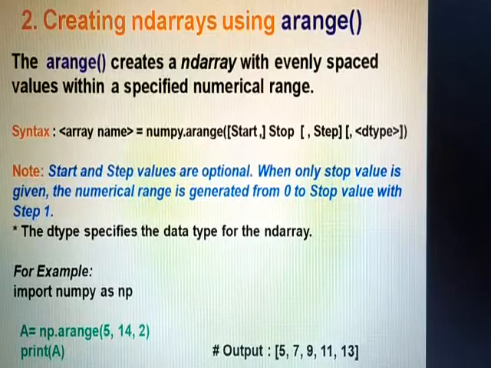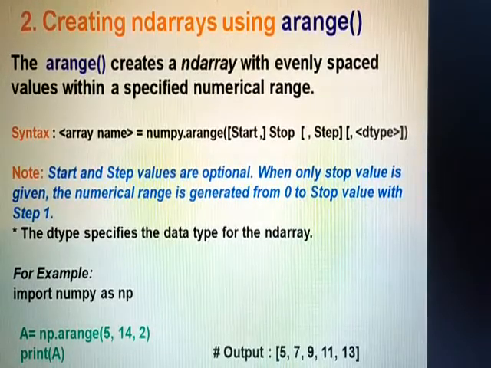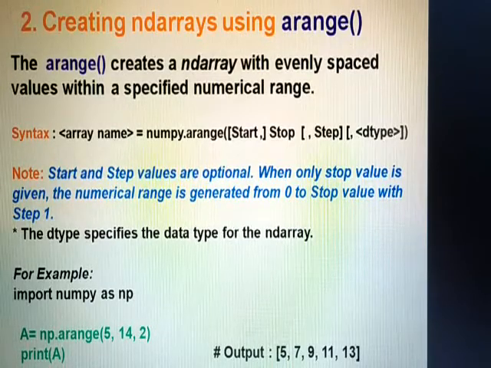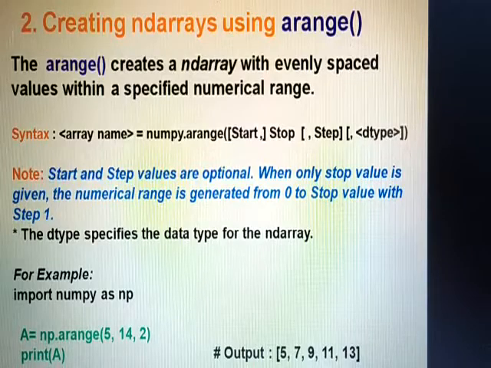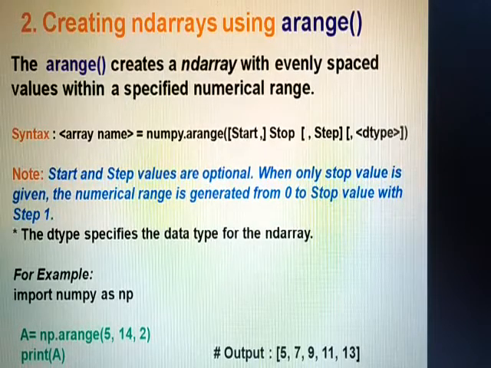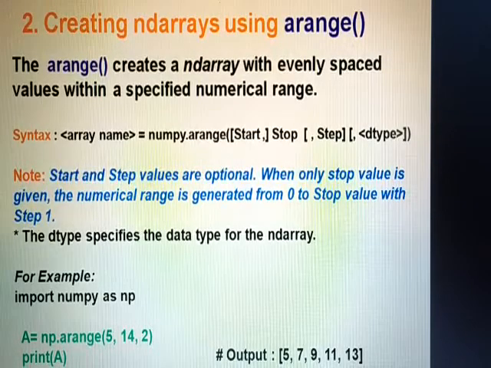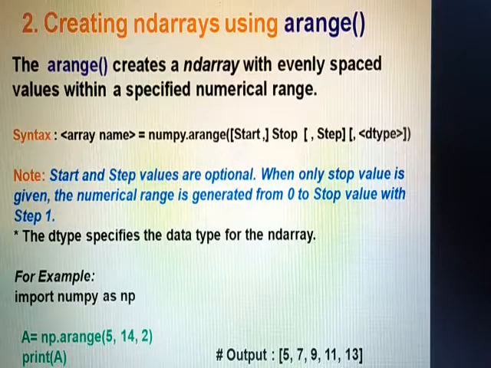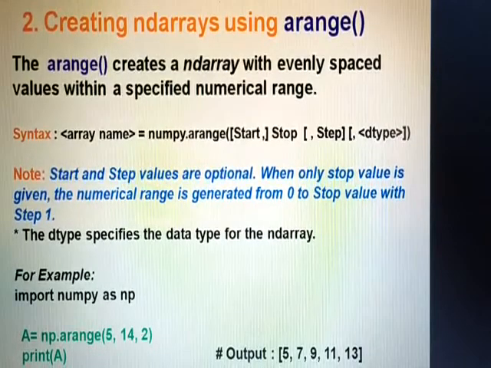So basically, by using the arange function, the array starts with the start value and continues till the stop value by specifying the step value. In fact, the arange function is similar to Python's range function, but it returns an ND array in place of the list returned by the range function.